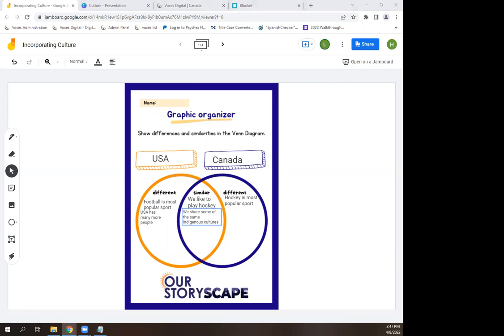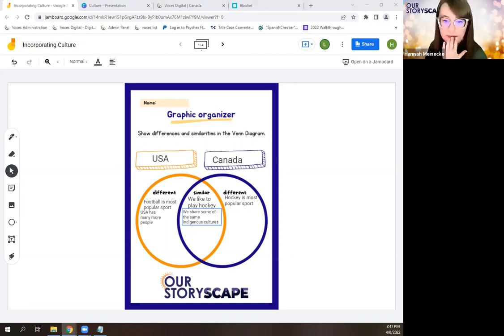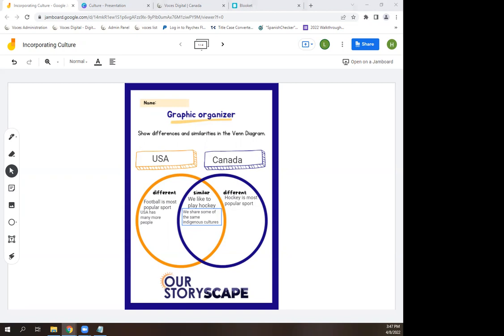It's true. This is something really interesting that I learned about the tribe, the Iroquois, is that they were also in the northern part of the United States.